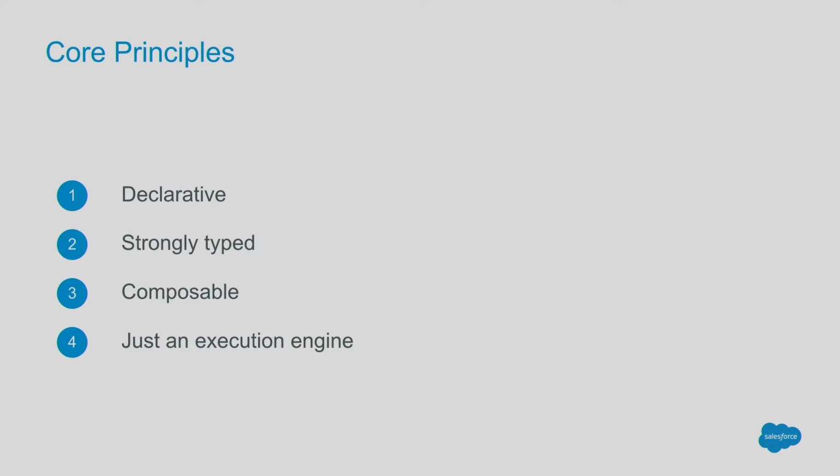That means you can create pretty complex queries more easily by reusing parts of the queries. And finally, and that's really an important point, especially in our case, GraphQL is just an execution engine. It doesn't need any kind of database behind it. You are going to define to GraphQL what it needs to resolve.